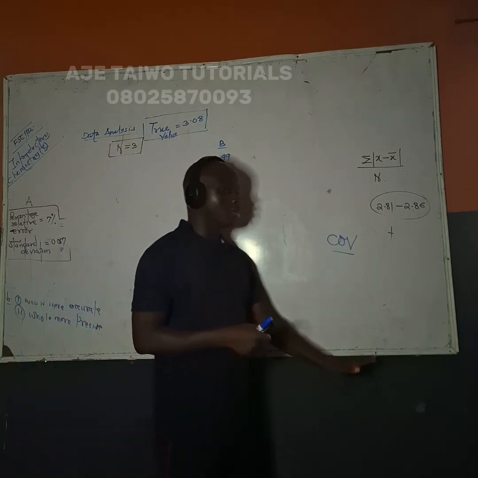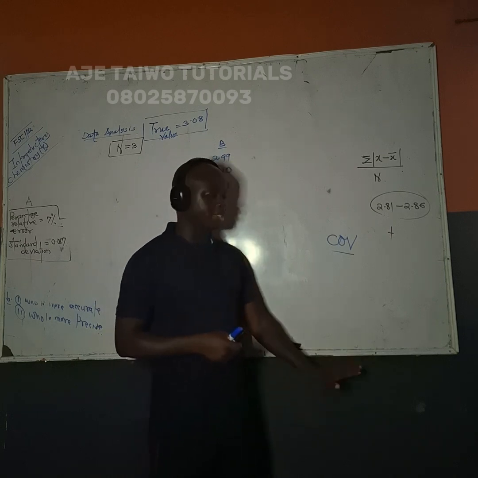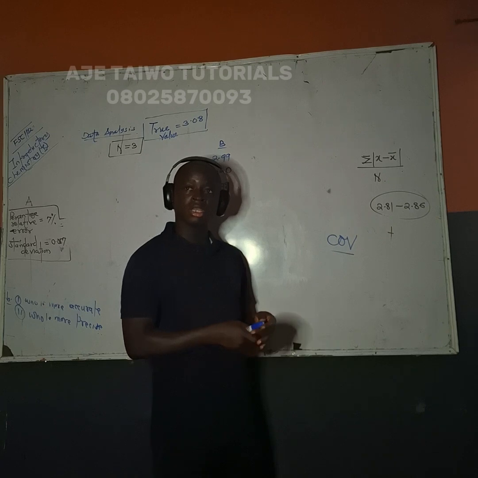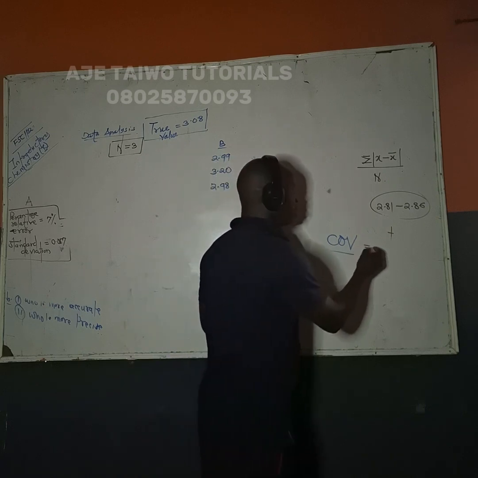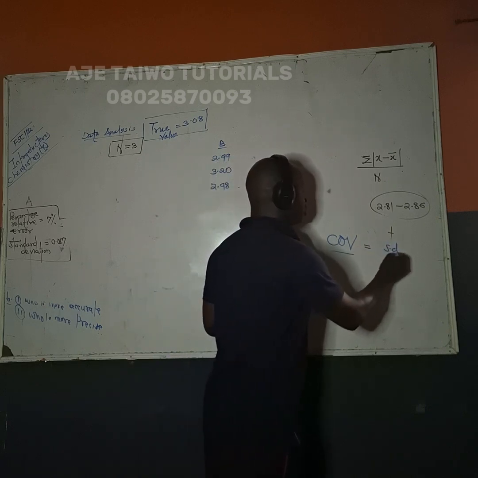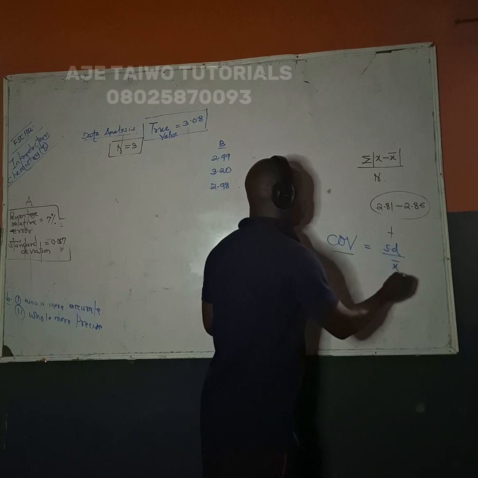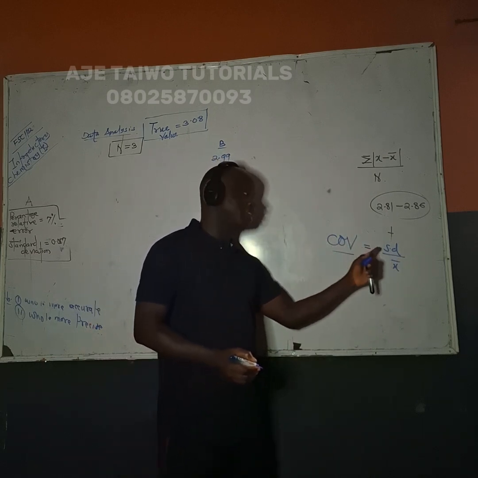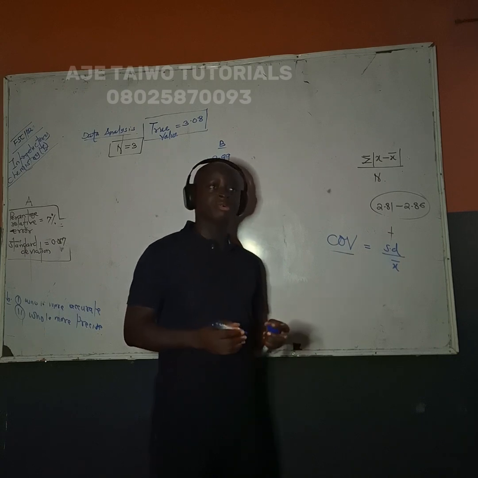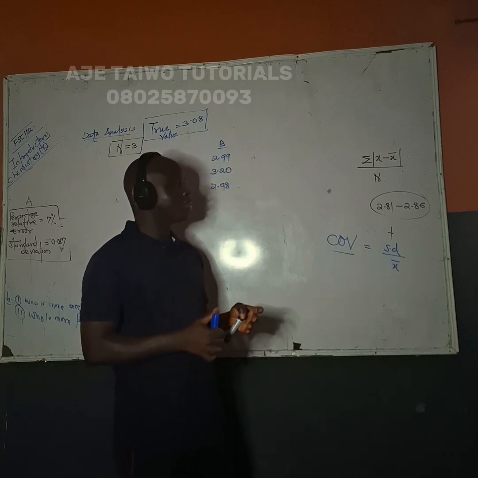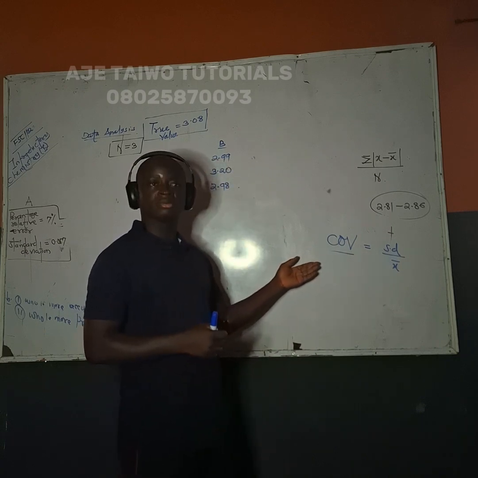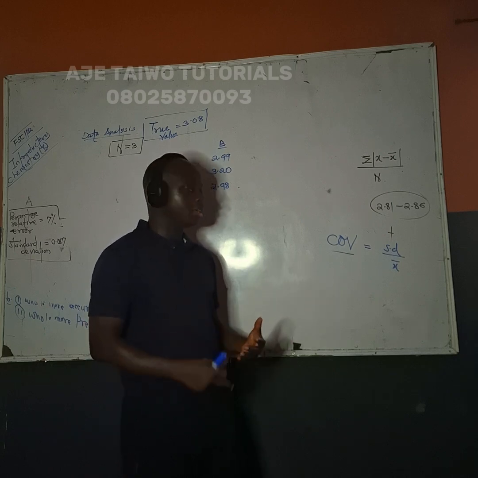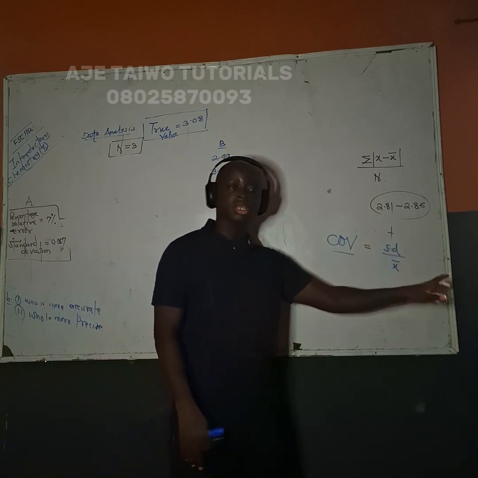The coefficient of variation is standard deviation all over the mean. Standard deviation over mean. Therefore, the best way to test precision of data is to use standard deviation and not mean deviation.